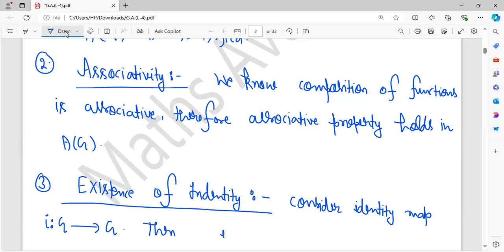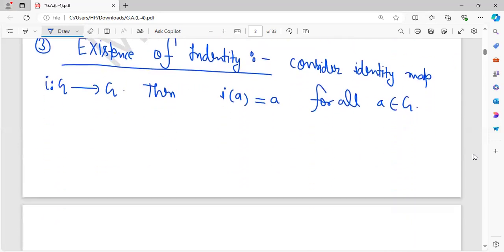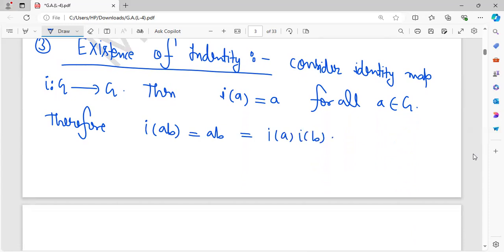It maps the same element to the same element. It means it will map a to a for all a belongs to G. So therefore I(ab) is equal to ab, that is I(a)I(b). So this implies I is a homomorphism.